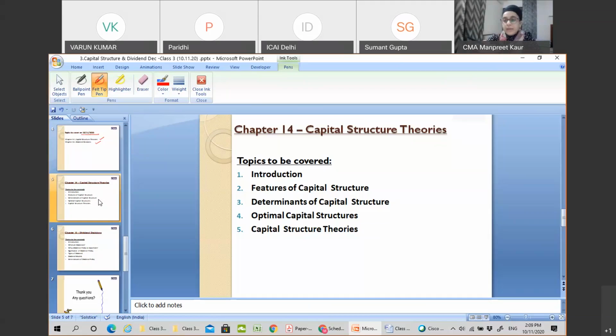What is a capital structure? Let's discuss today. There are 5 topics that we will do: introduction, features, determinants of capital structure, optimal capital structure, and capital structure theories. Let's start with the introduction part.